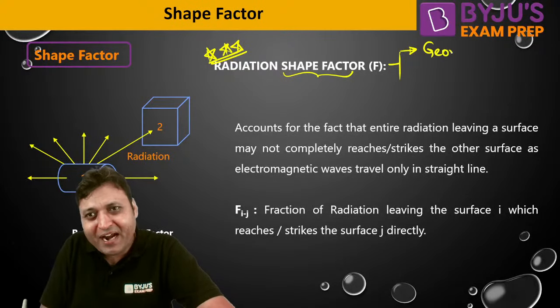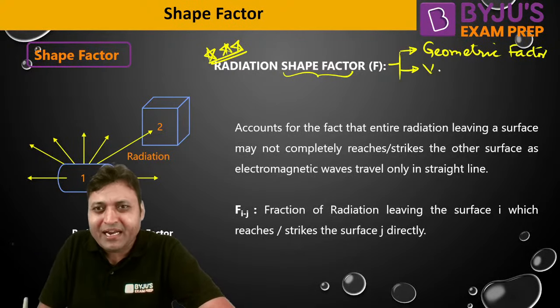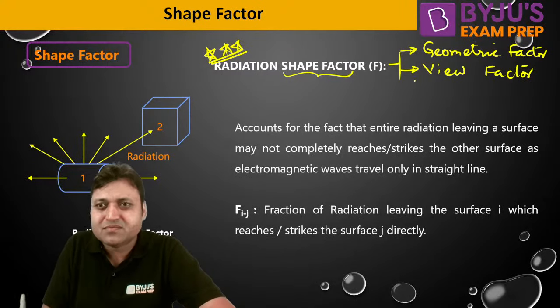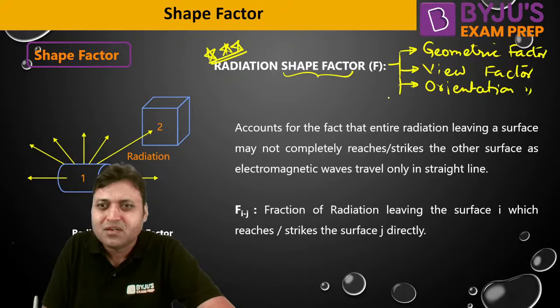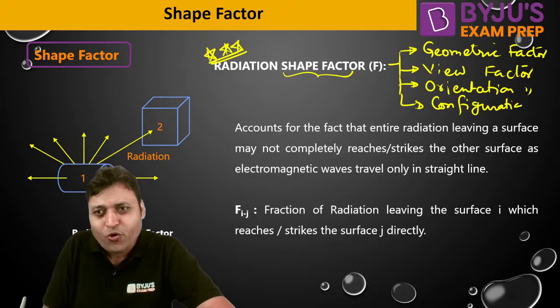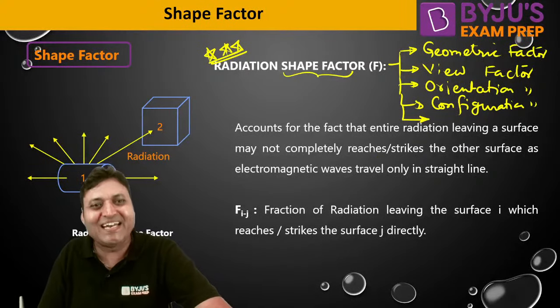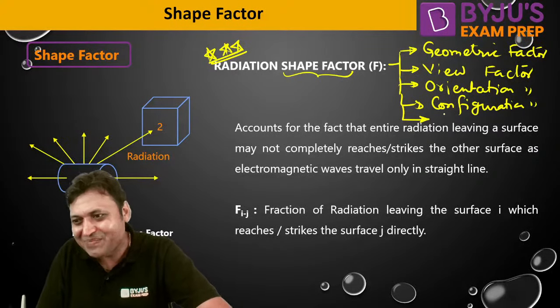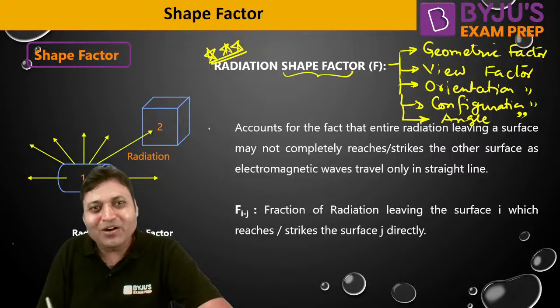It can be called the geometric factor, view factor, orientation factor, or configuration factor. Whenever you are asked about any factor in radiation, 90 to 99% of the time it will be the shape factor, or another name, angle factor, etc.